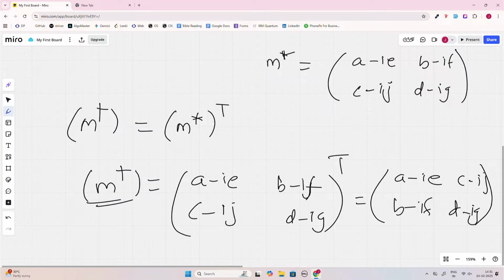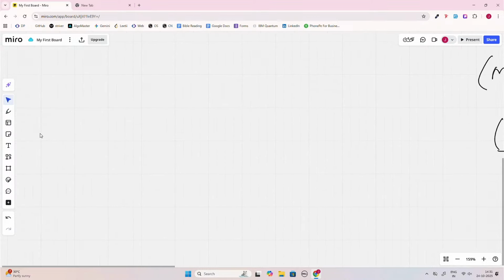So this is known as M dagger. M dagger equals M star, the whole transpose. Star is nothing but complex conjugate, meaning you won't change the sign of the real value. So for example, what is a complex value? A complex value will look like this, yes or no? It will be in the form of A plus IB.